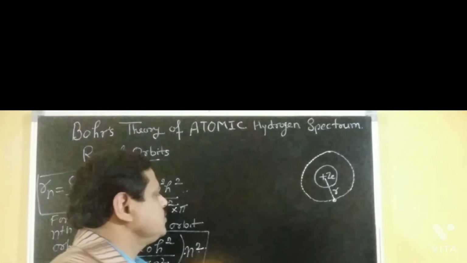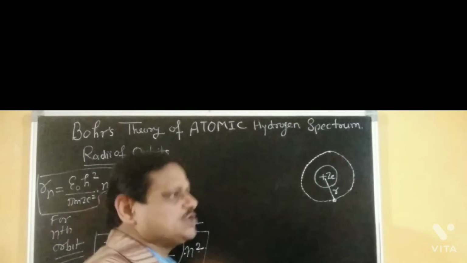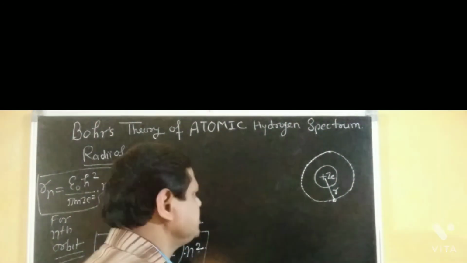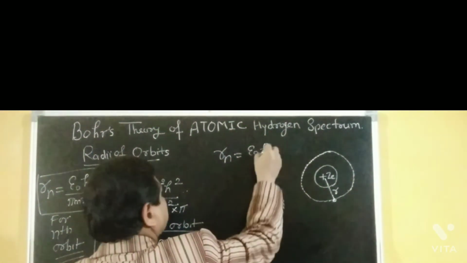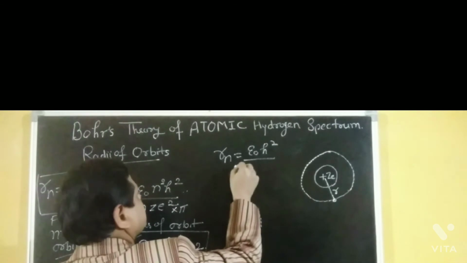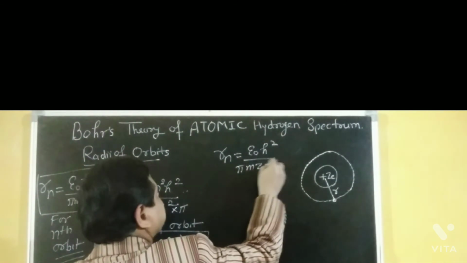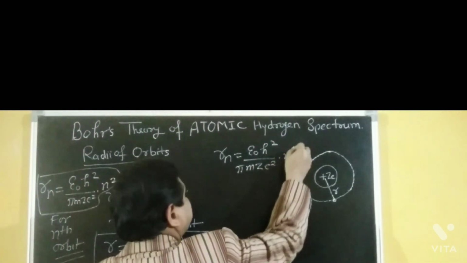Now we got the generalized equation for the nth orbit: Rn is equal to epsilon naught h square upon pi m z e square times n square.